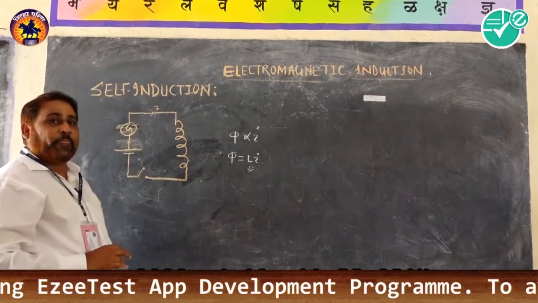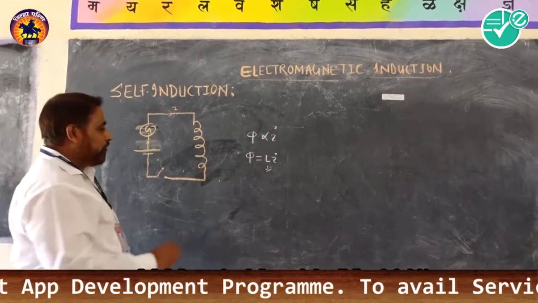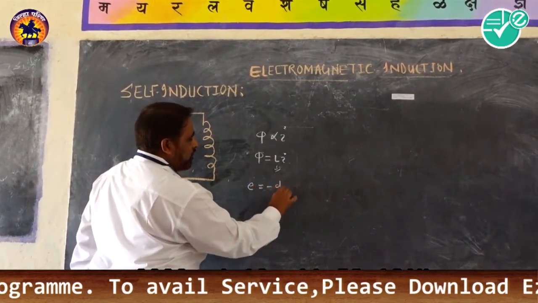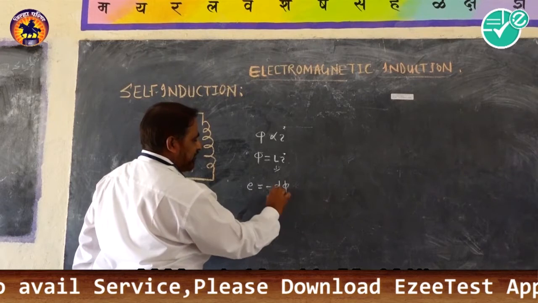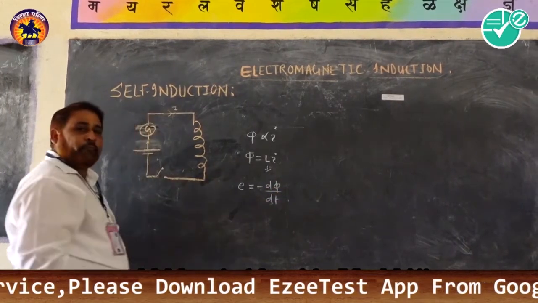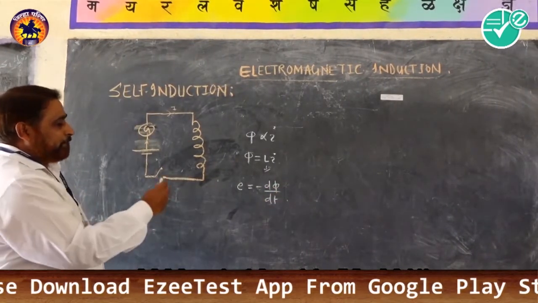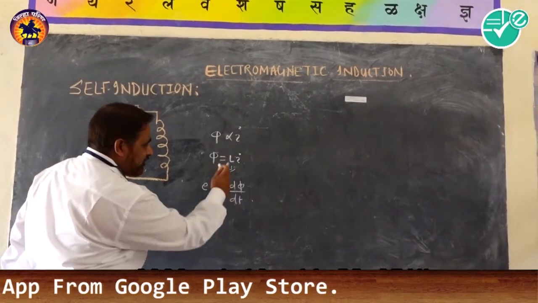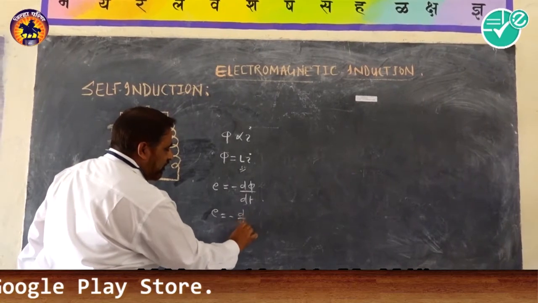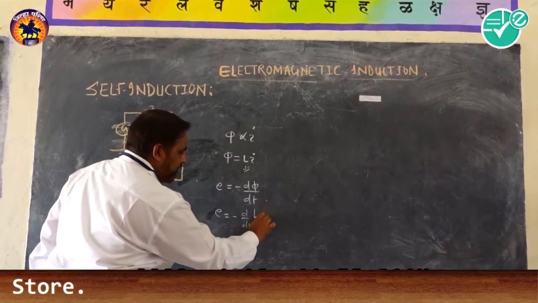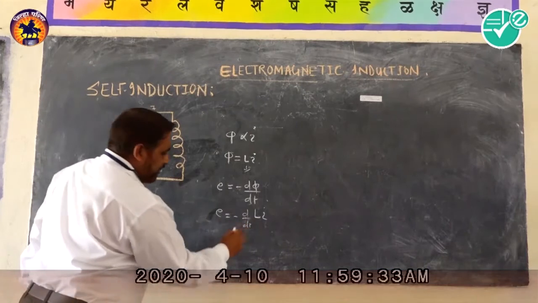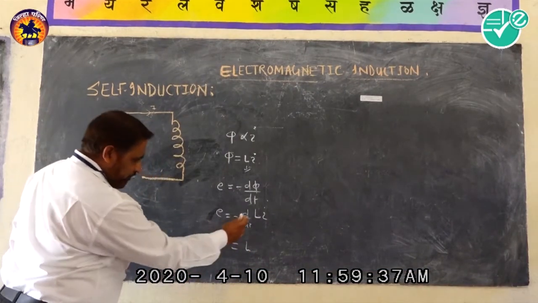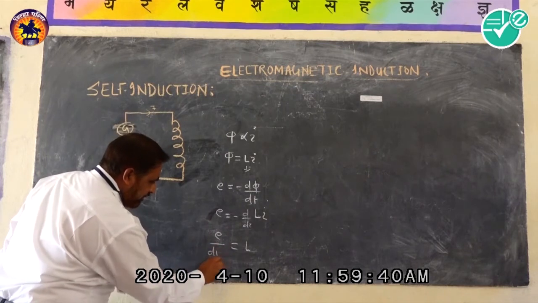According to Faraday's law, we know that E is equal to minus d phi by dt. Now let us put the value of phi, and E is equal to minus d/dt of L into I. That is, L is equal to E upon di by dt.